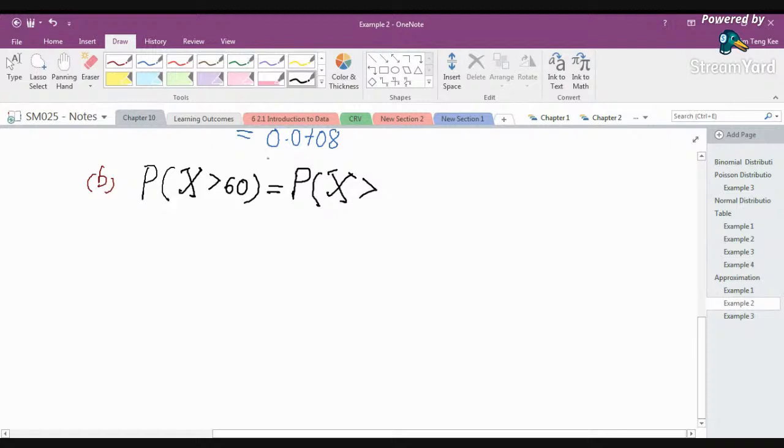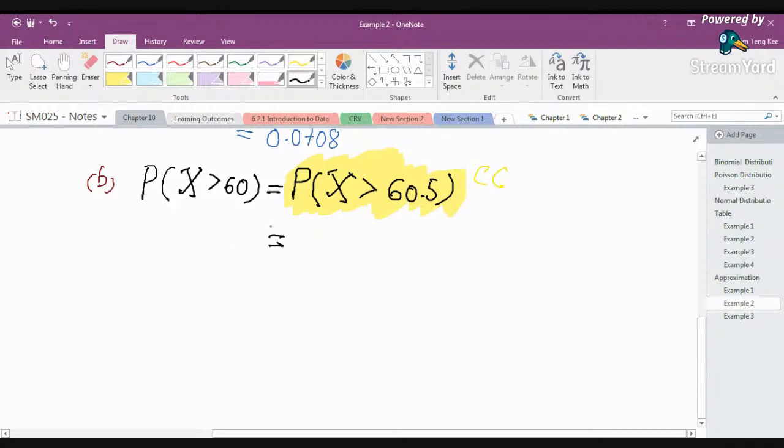And in this case, I don't want to include 60, so my choice will be taking 60.5. That way you will see that in this list, it doesn't include 60. So this is the step that I highlight as CC, continuity corrections. Then go on.